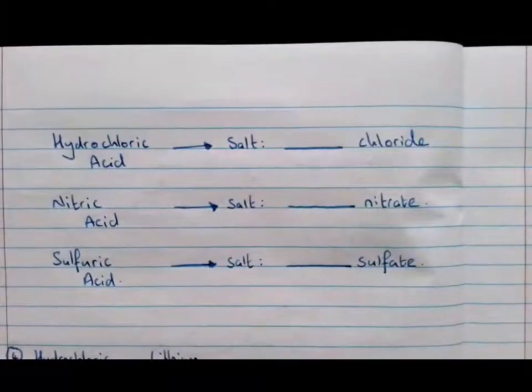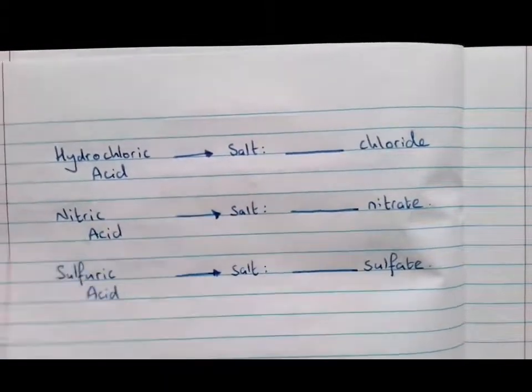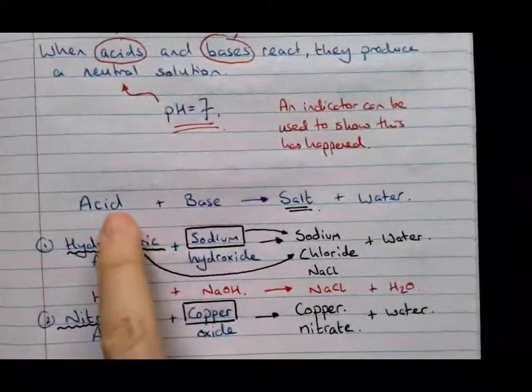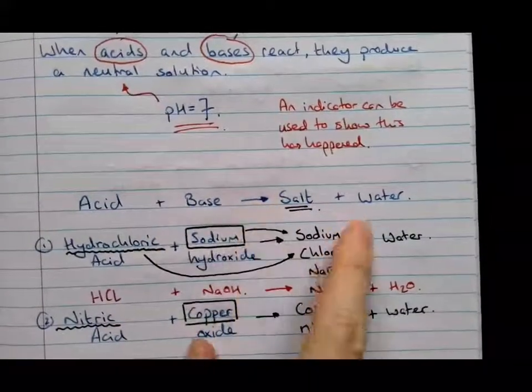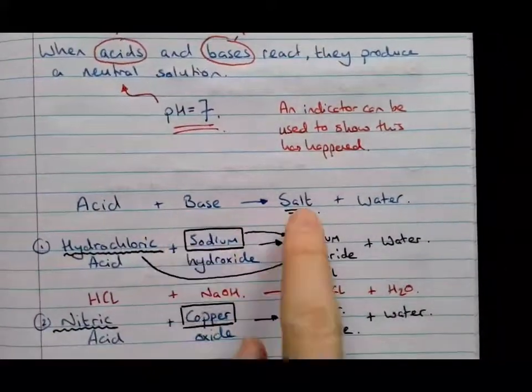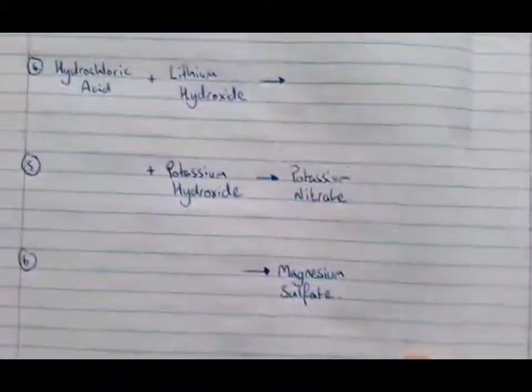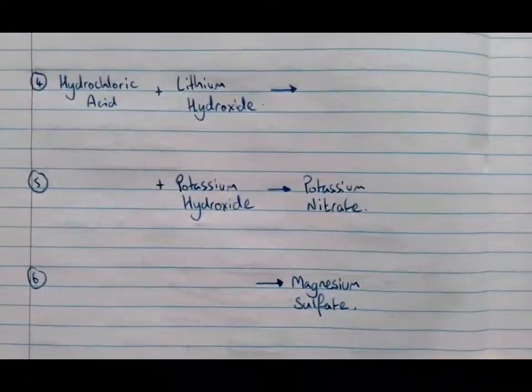So make yourself one of those. And you should also have this reaction on a flashcard. Acid plus base gives you salt plus water, so you can remember that. So acid and base on one side of the flashcard, salt and water on the other side of the flashcard.